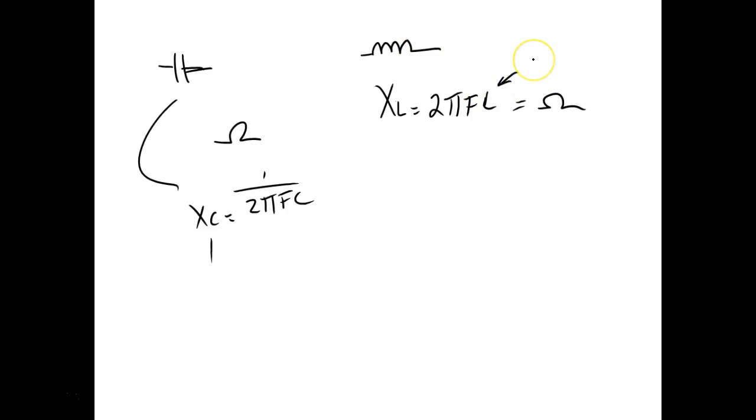This is called inductance, and it's given in units called henries. And of course, capacitance is given in units called farads. When you go out and buy a resistor, you say, I want a certain ohm resistor at this wattage rating and this tolerance, right? You go out and buy a capacitor, you say, I want a 100 microfarad capacitor.